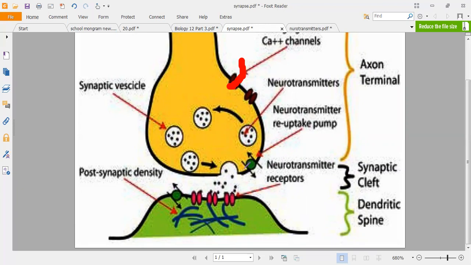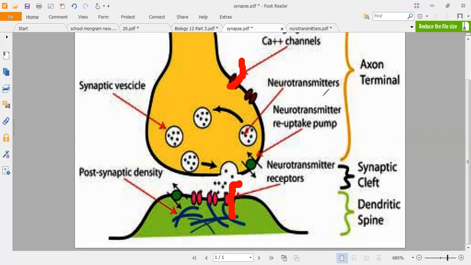When they fuse with the walls they do exocytosis, and by that they reach the receptors which are present out in the postsynaptic neuron, and then they bind over there, and these gates open, and sodium enters into the cells, and there is depolarization, and the nerve impulse is transmitted to the next neuron.